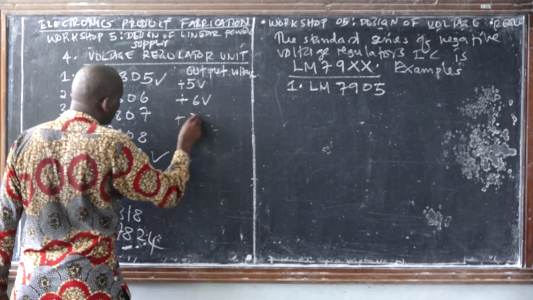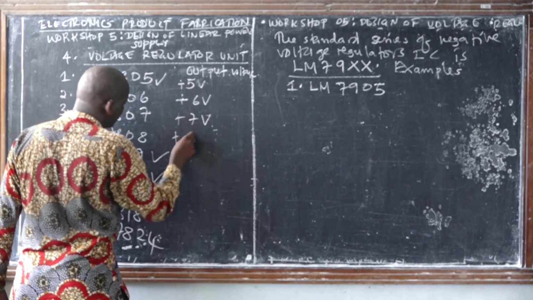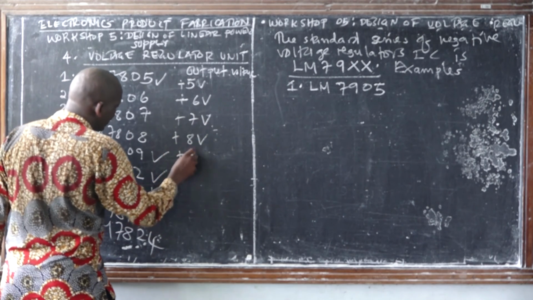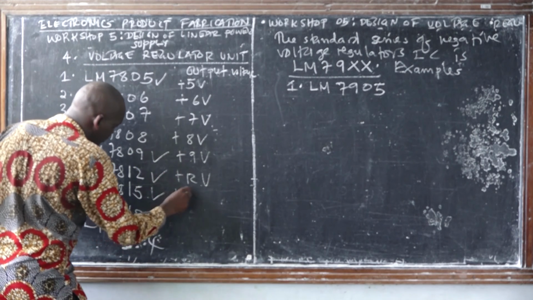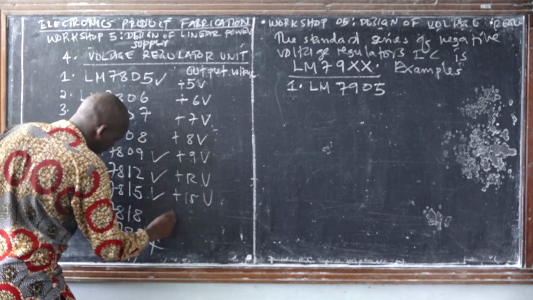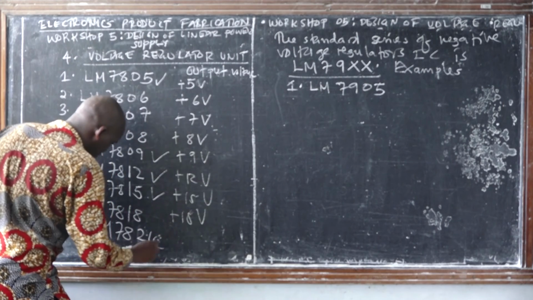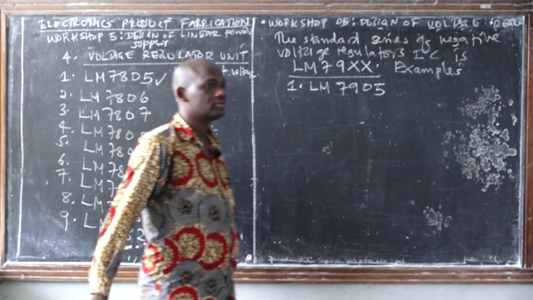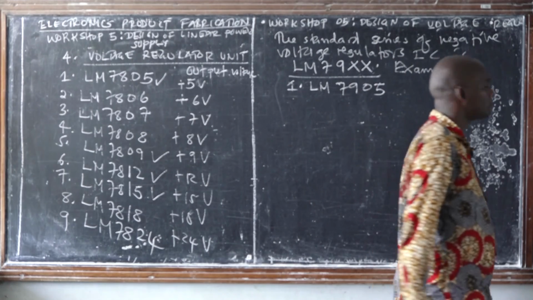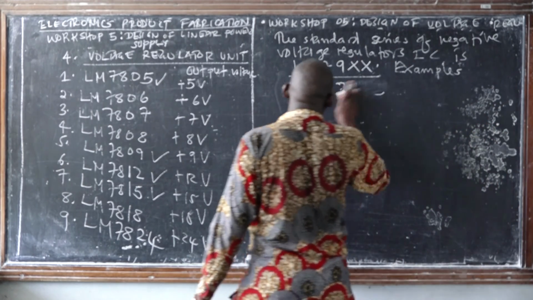This one positive 7 volt. This one positive 8 volt. This one positive 9 volt. This one positive 12 volt. This one positive 15 volt. This one positive 18 volt. And this one positive 24 volt.